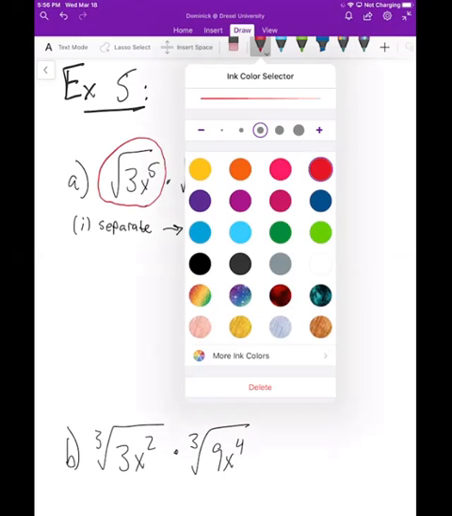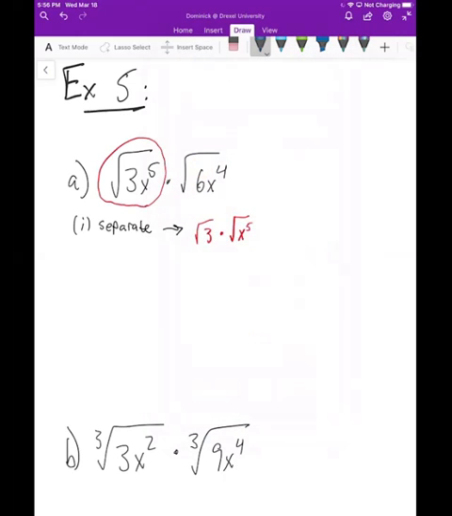And then, similarly with the other one, we can write square root of 6x to the fourth as square root of 6 times square root of x to the fourth. All right, so that's the first step.